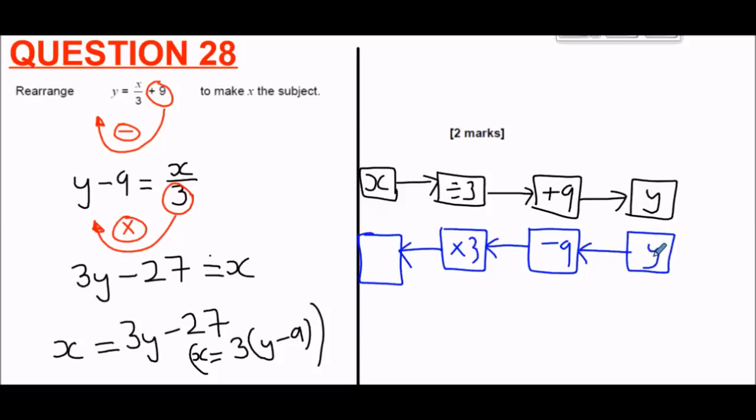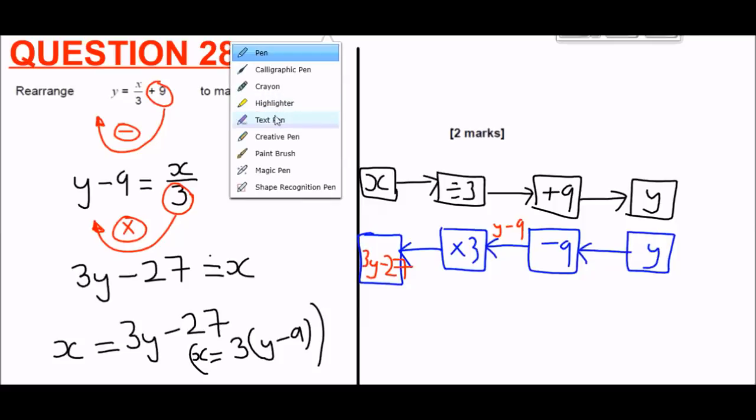So first of all, we take y, take away 9, and then all of whatever we've got in red is multiplied by 3. So 3 times y is 3y, minus, and 3 times 9 is 27.